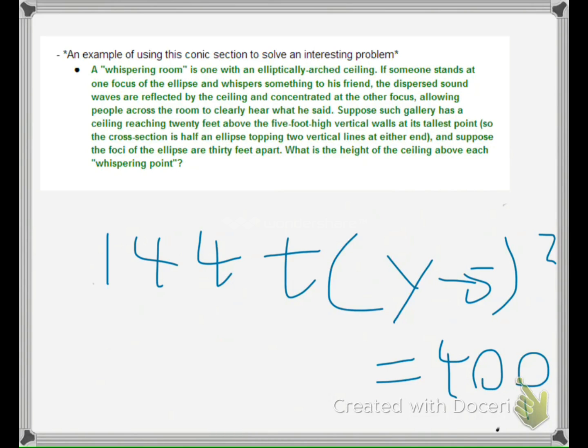And then we just solve our equation. We'll find out that y will equal 21. And now we know that the ceiling is 21 feet above the floor, which is the height we want to find. And so that is the solution to our question here. Okay, and we got our solutions.